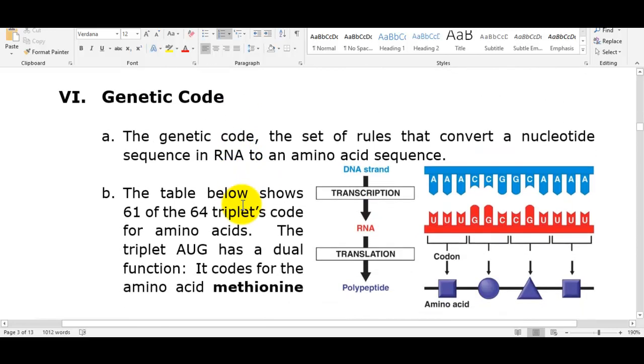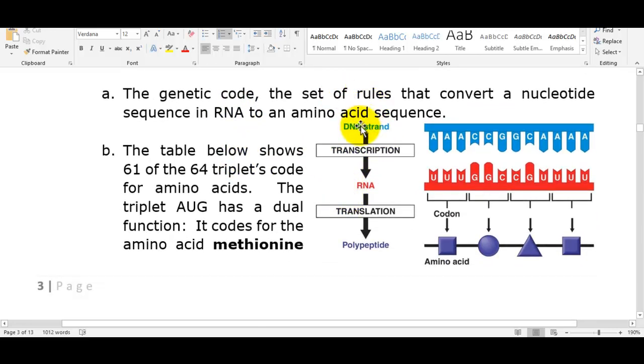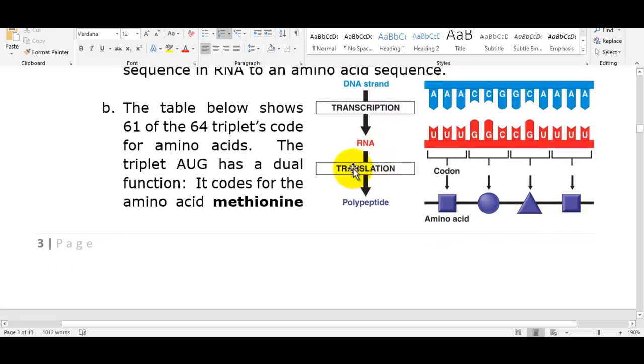Now, the genetic code. I gave you this, a great little flow chart. It has a DNA strand, and going from here to an RNA strand is called transcription. That's where you fill in the opposite base pairs. And then translation takes place at the ribosomes.